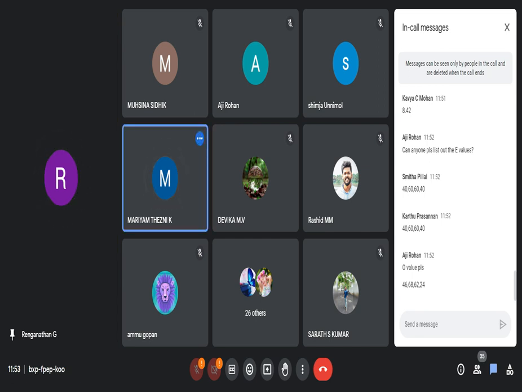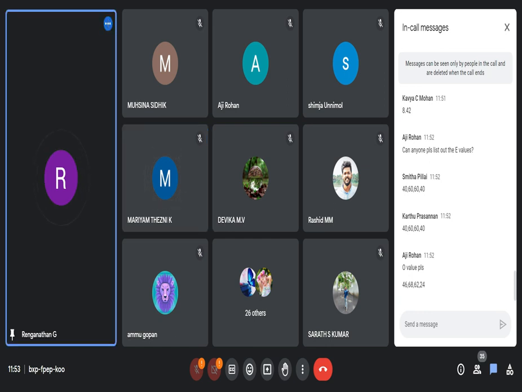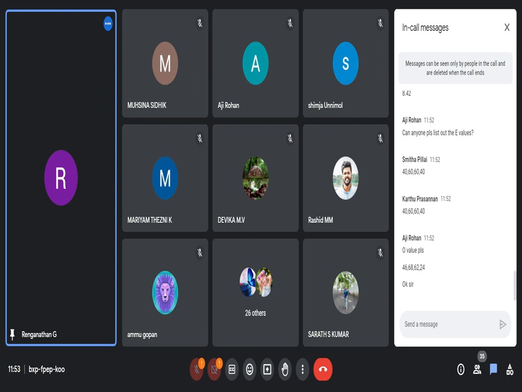Okay, Aji Rohan. So everybody make the calculations clear. And because of limitation of time, I'm moving to the next topic. If anybody requires an explanation of any steps, then just ask me.